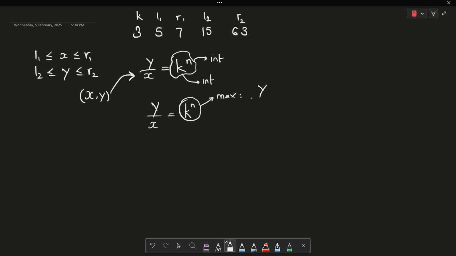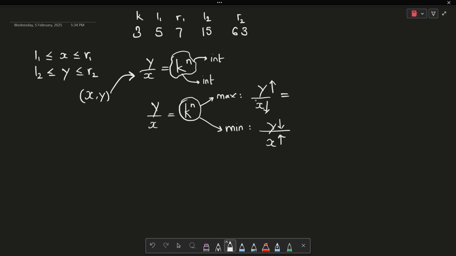K to the power n is equal to y by x, so maximize y and minimize x. That will give you the maximum value. What will be the minimum value of k to the power n? It's simple, minimize y and maximize x.